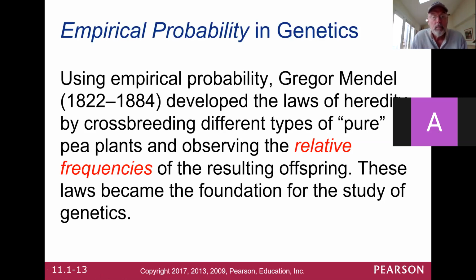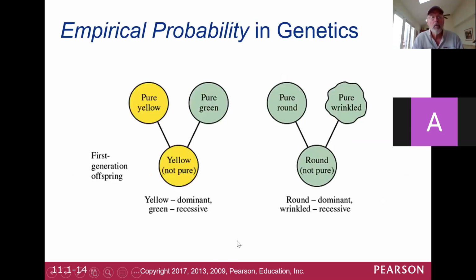He was observing relative frequencies and using offspring to develop his laws of genetics. This is a diagram that explains part of his ideas. He was working with pea plants.